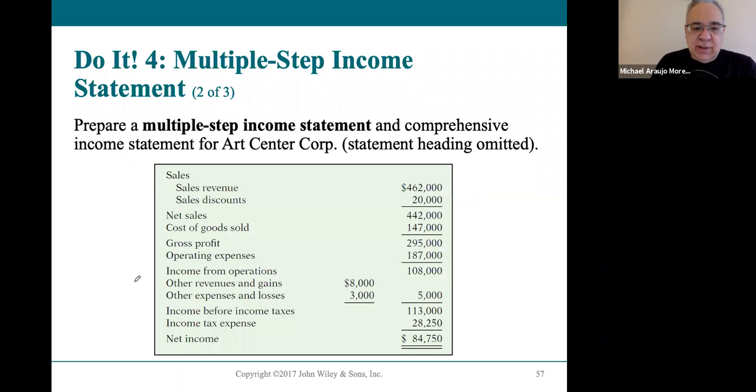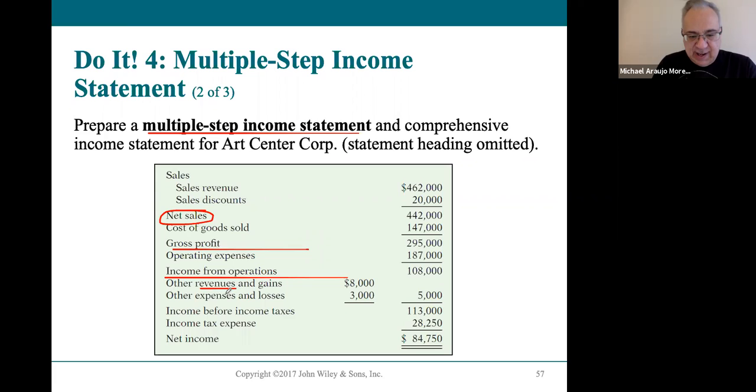How it looks is right here. This is all in your book. Net sales, again, very important to know how to do that. Minus cost of goods sold, your gross profit, right? Minus all your operating expenses, your income from operations. All that other stuff, right?